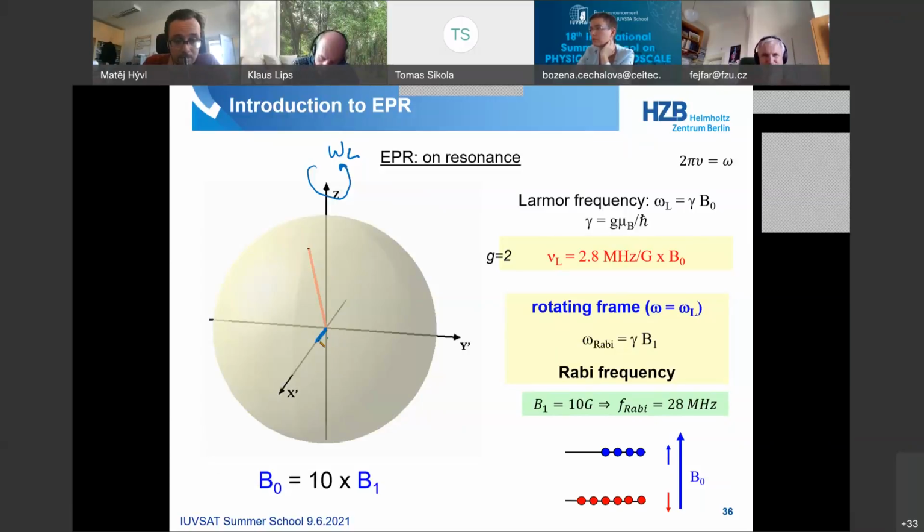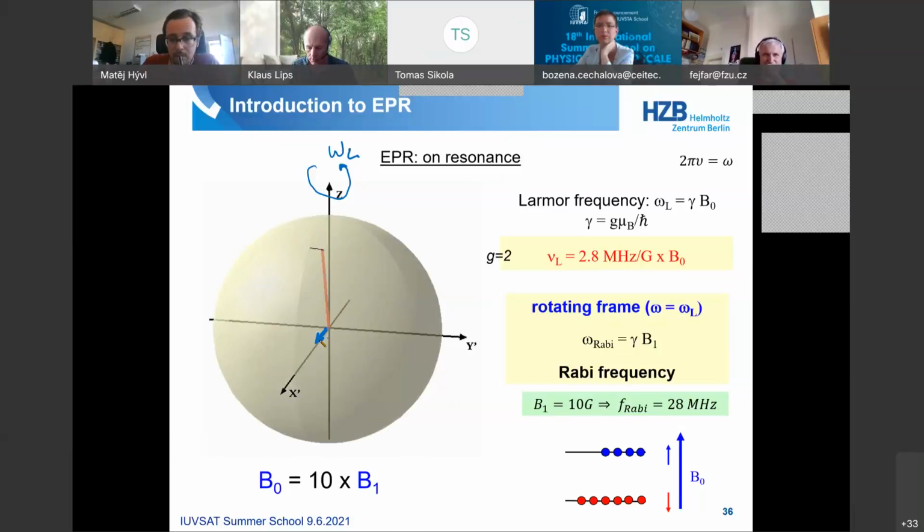For me, as somebody rotating with the Larmor frequency, the magnetization stands still in space. If I now switch on this magnetic field right here, the magnetization starts to precess again around the magnetic field axis, however much slower, because now it is being driven around the X prime axis. And this rotation frequency is called the Rabi frequency.